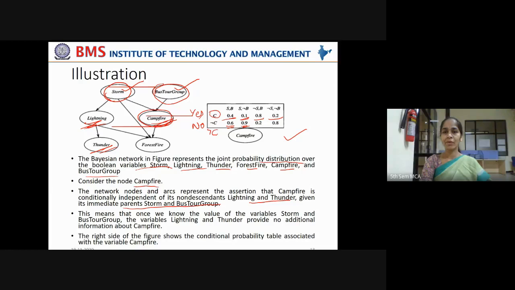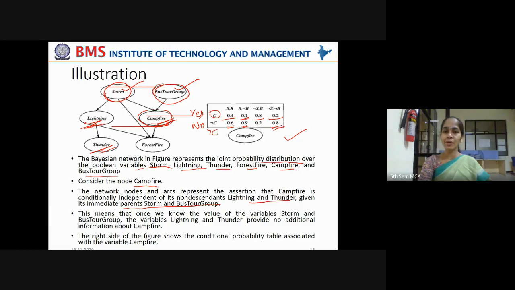Yes, that is obvious, right? And the probability of not setting up a campfire when the storm didn't occur, but the bus tour group arrived, is 0.2. Now, the probability of not setting up a campfire when the storm didn't happen and the bus tour group also didn't arrive is high, 0.8.